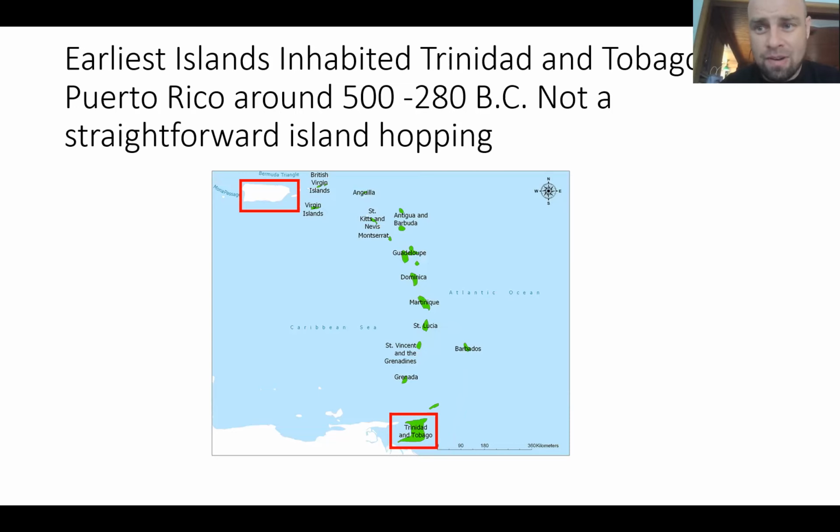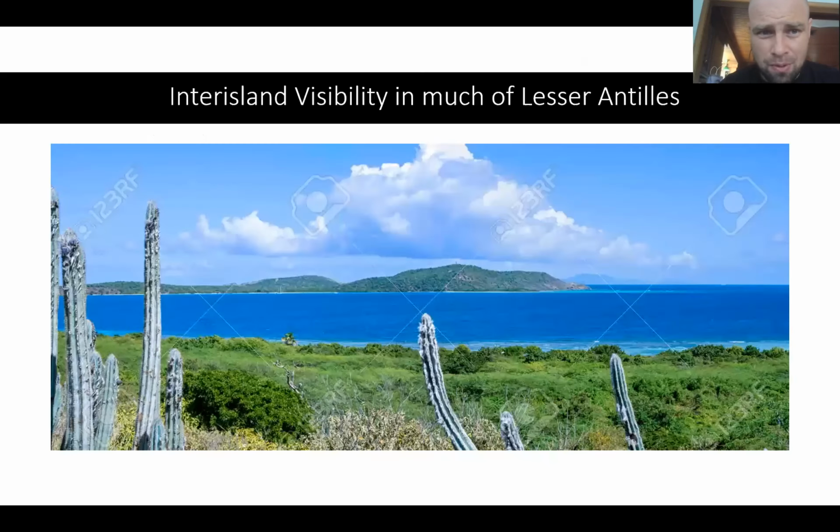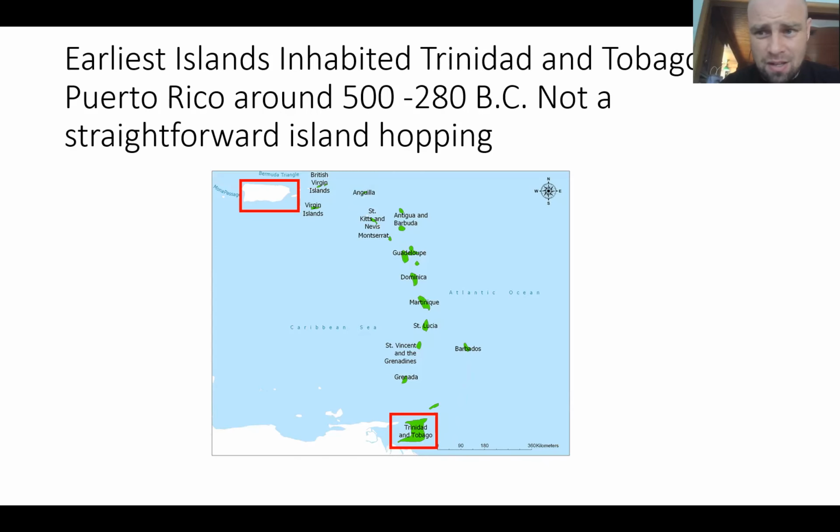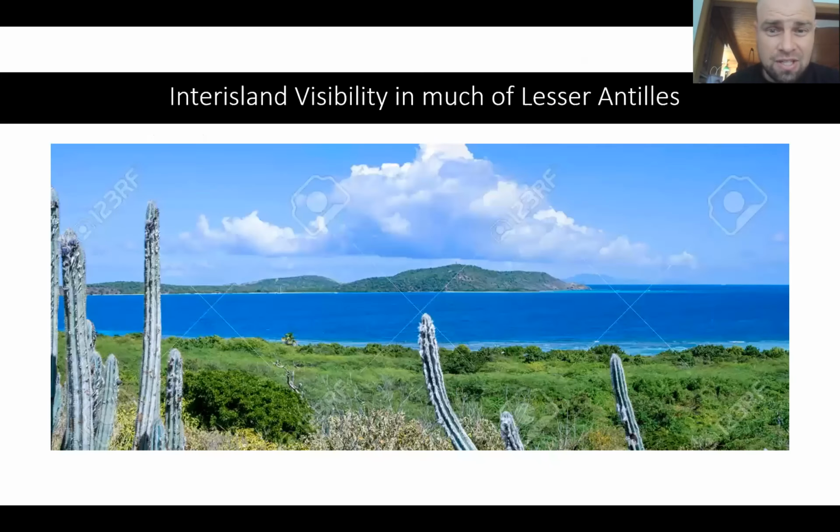There seems to be a boundary between these people and the aceramic people that were present earlier. But this isn't a case of an incremental, stepping-stone style of migration. It seems like they moved quickly to the biggest islands. This was probably significantly helped because throughout most of the Lesser Antilles, the islands are visible from one another.